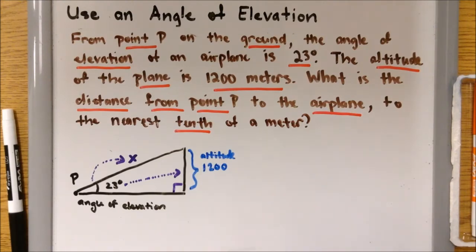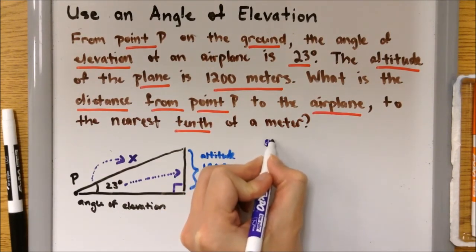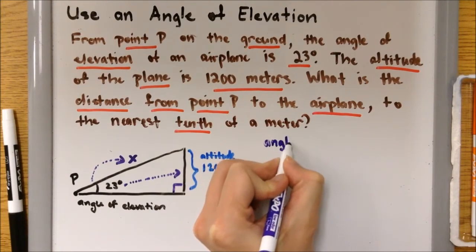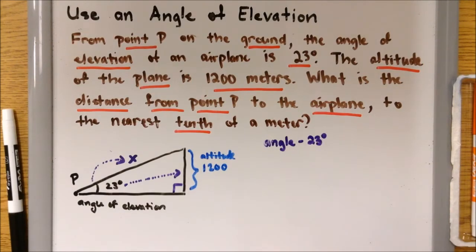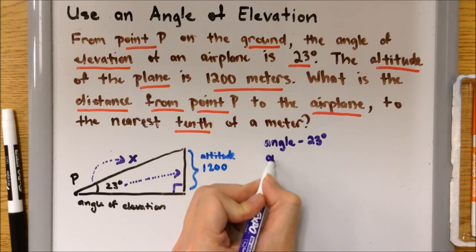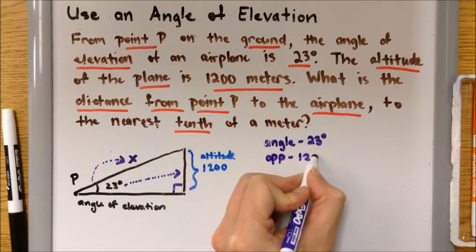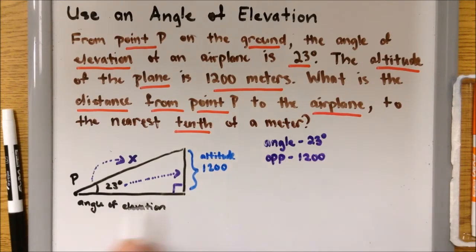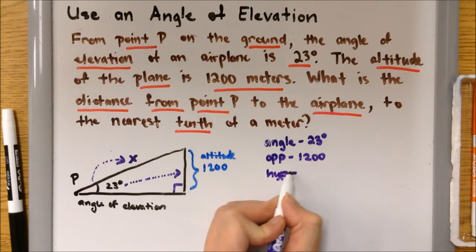So the information that we know for sure is that the angle is 23 degrees, what's across, our opposite, is 1,200, and our slanted line, the distance from point P to the airplane, is our hypotenuse, which is x.